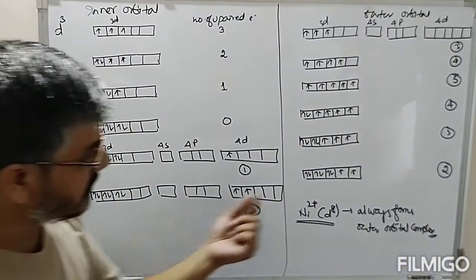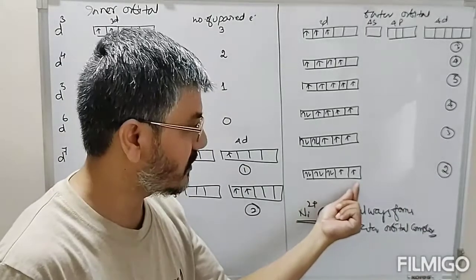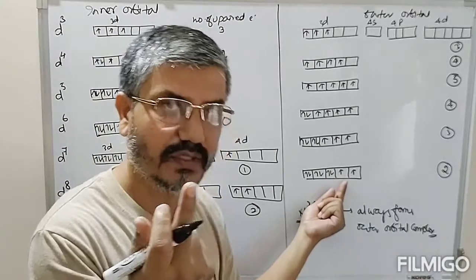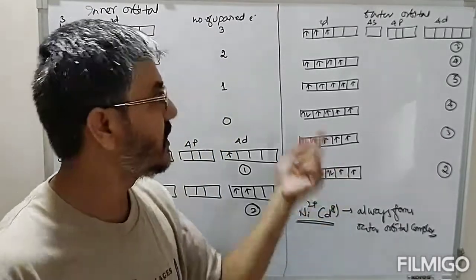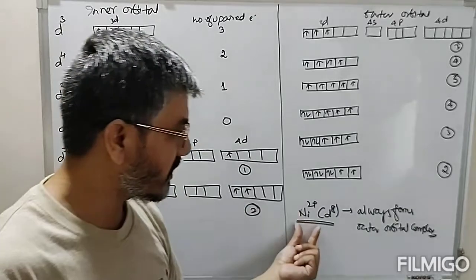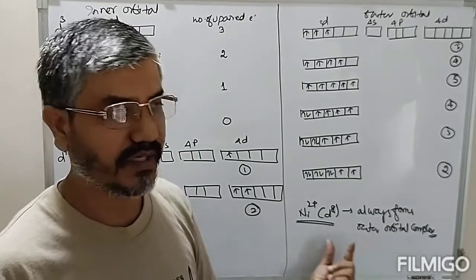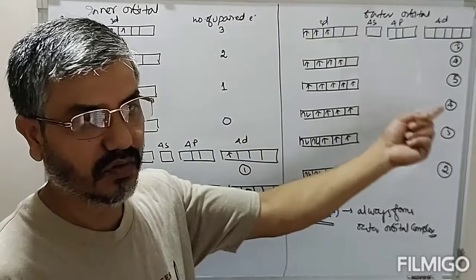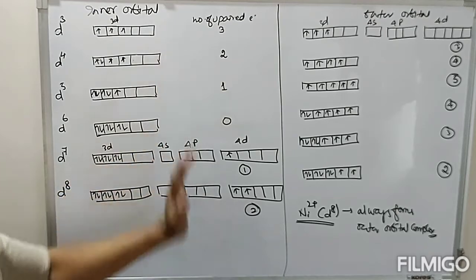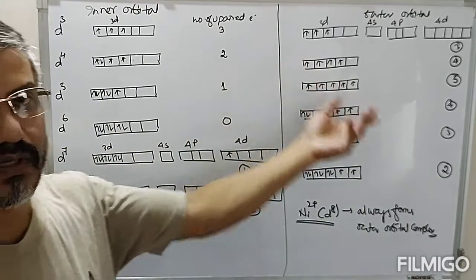Do you understand the point? This is d8 configuration. We have 2 unpaired electrons in the d orbital. If the electron is forcefully paired up in the presence of a strong field ligand, then also only one d orbital will be available for hybridization. An octahedral complex requires two d orbitals to be vacant. So whenever nickel plus 2 forms an octahedral complex, it will always be an outer orbital complex. Once we know the number of unpaired electrons and the electronic arrangement of the metal ion, we can easily calculate the spin only magnetic moment.